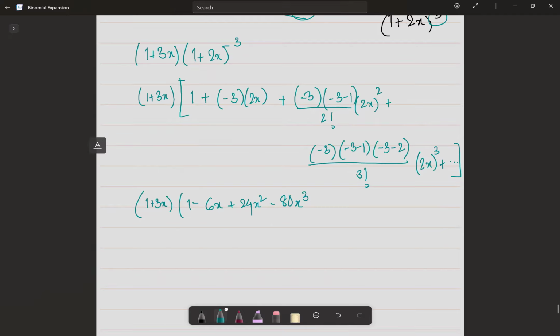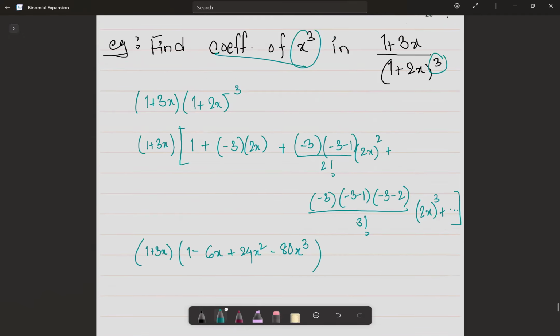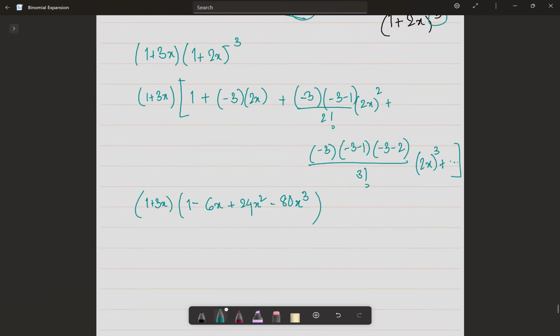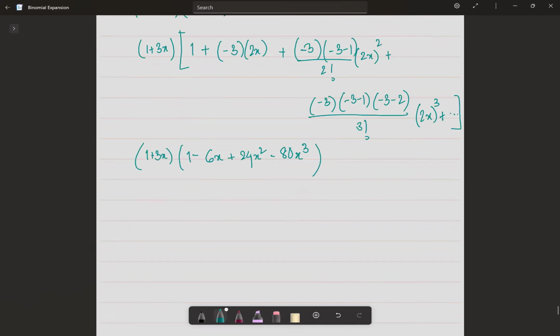Now we are asked to find the term in x cube. We have to only find the coefficient of x cube. In order to find the coefficient of x cube, let's first find the term in x cube. So what is the term in x cube? It means we will pick out the numbers that when we multiply, we get the term in x cube. So you have 1 in here.